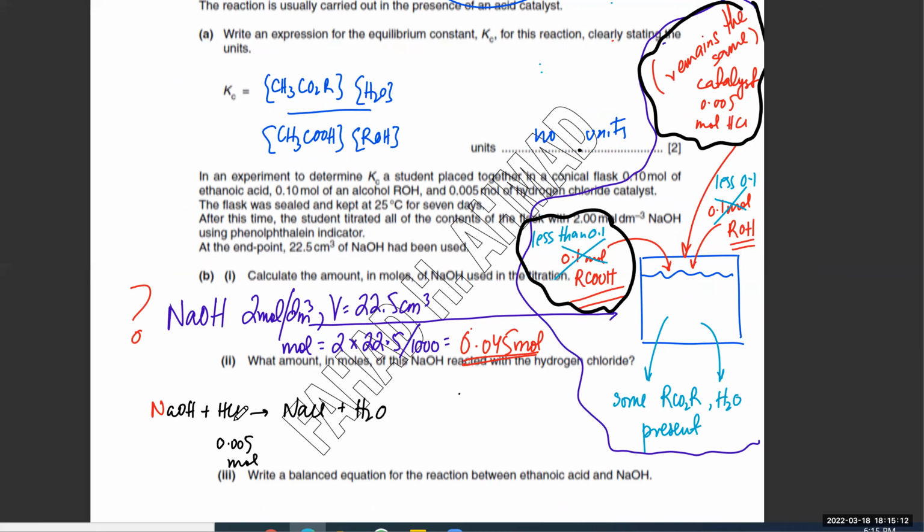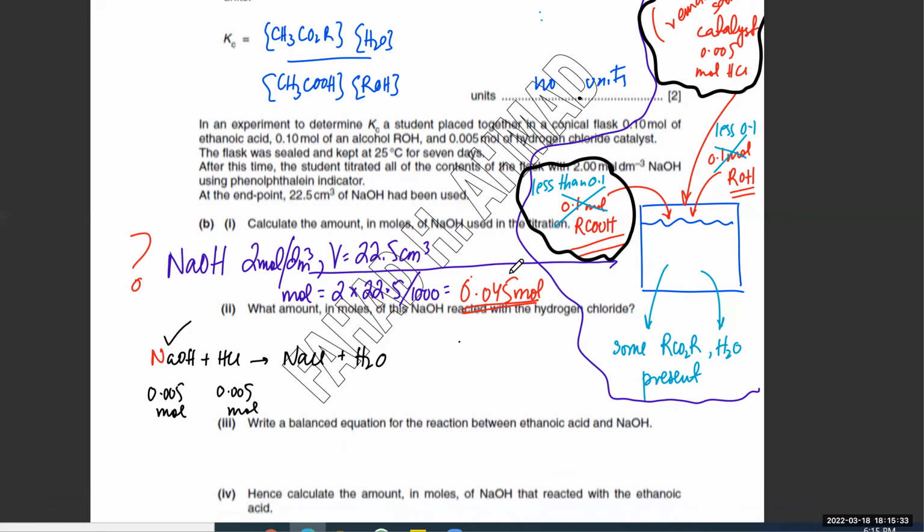And it's a catalyst, so catalyst remains unchanged. So how much NaOH would react with it? It's 1:1. The 0.005 of HCl will react with 0.005 moles of NaOH. Is that clear? Yes.